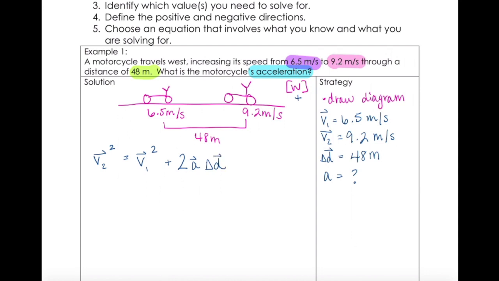Okay, and so we need to manipulate the equation so that we solve for a. Okay, so let's first subtract v1 squared from both sides.